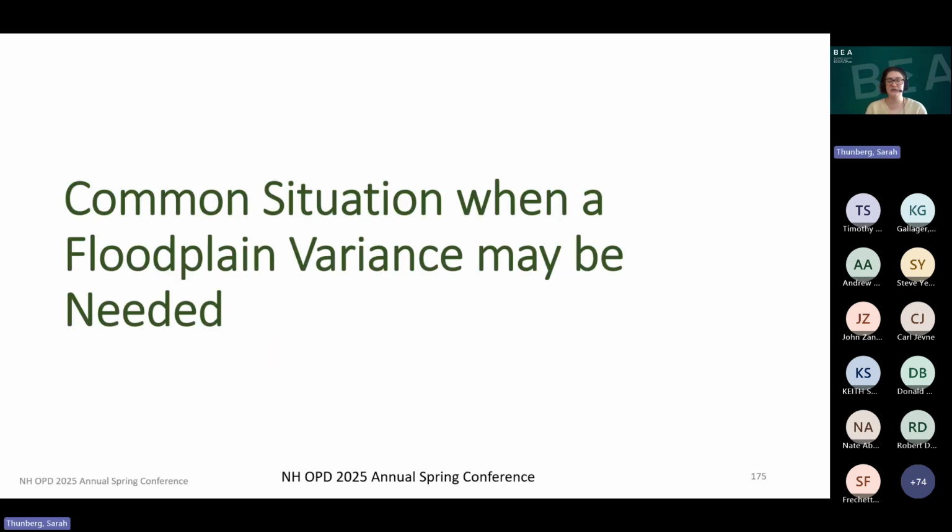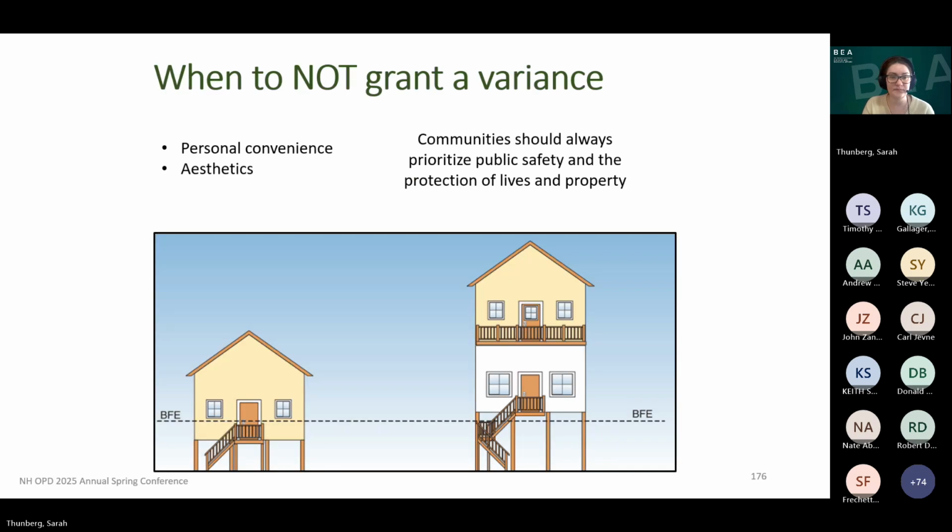All right, so next I'm going to talk about some common situations where a floodplain variance may be needed, and where a floodplain variance would be okay if it was done correctly.